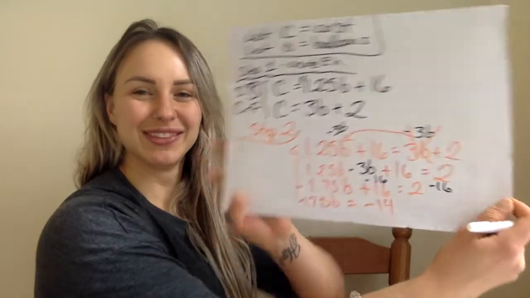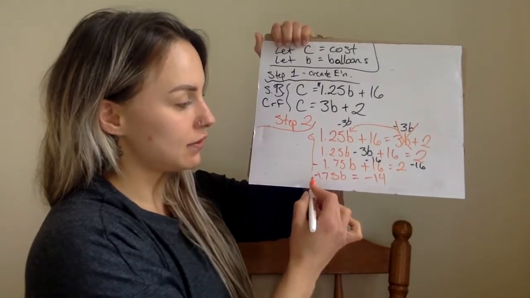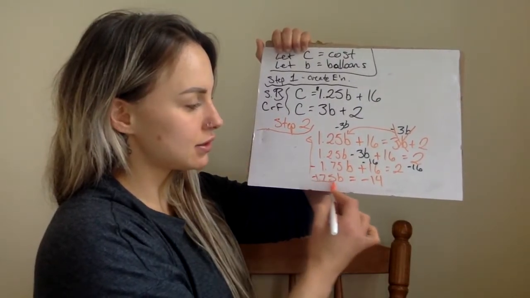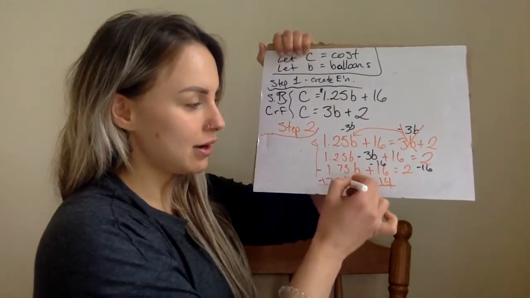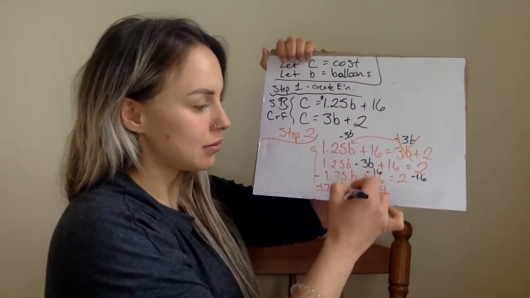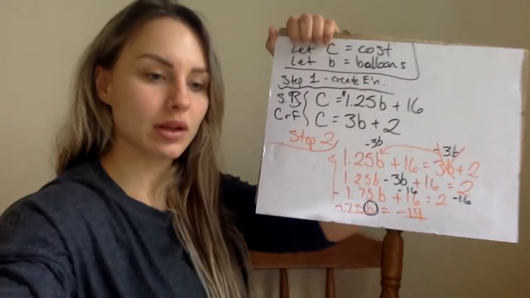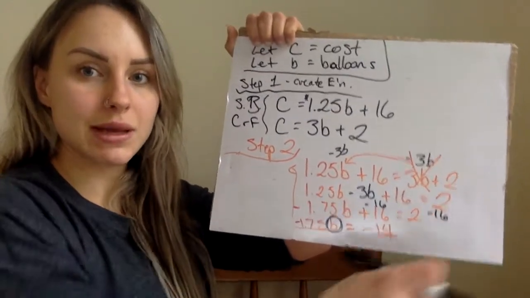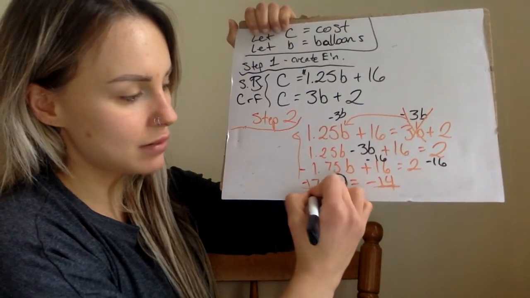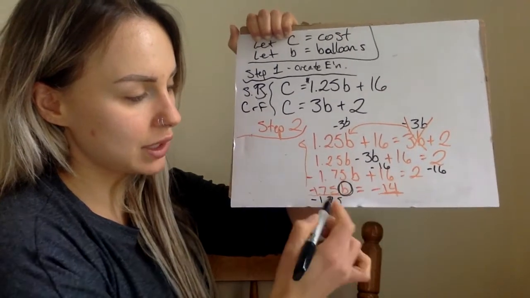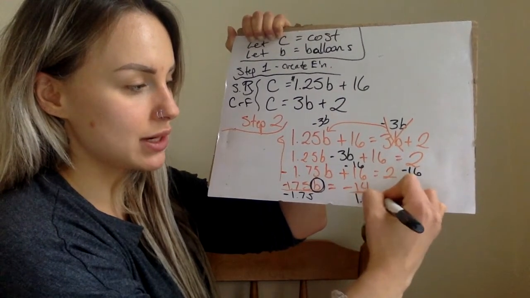Okay, so what we're going to do is now divide both sides by $1.75, because we need to get b alone. So to get b alone, we have to divide this side by 1.75 because it's the number in front, which means we have to divide this side by 1.75.